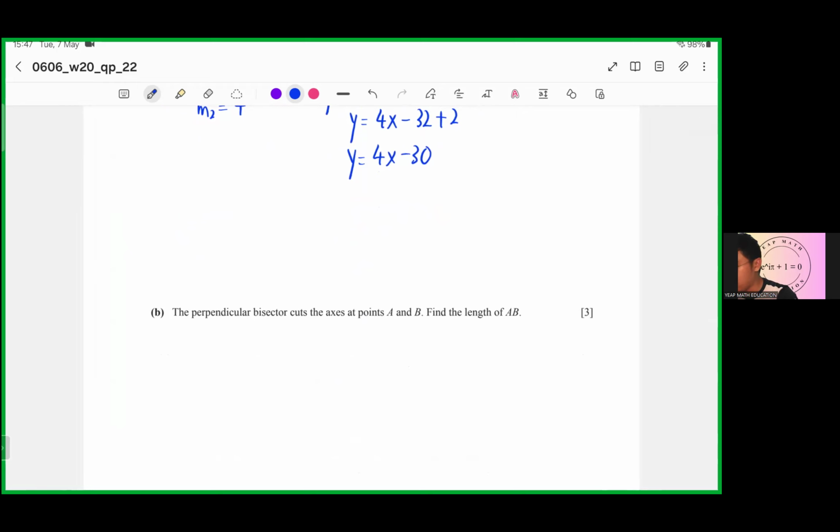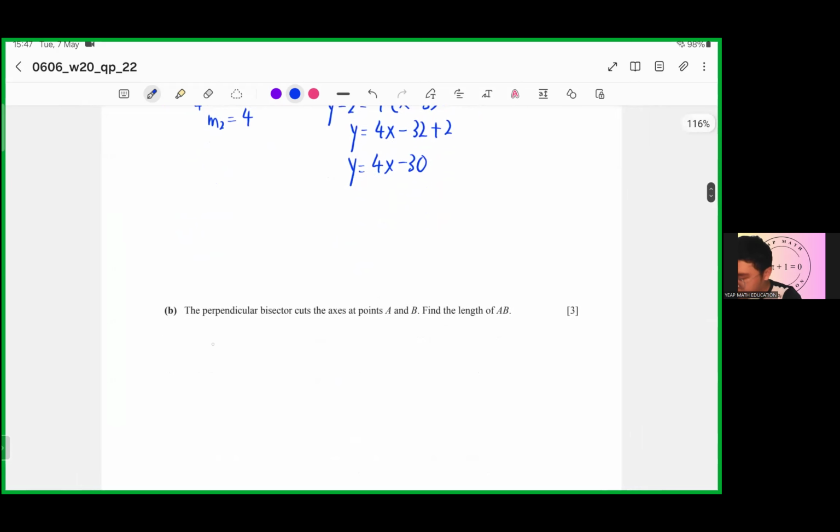The perpendicular bisector cuts the axes at the points A and B. Then find the length of AB. This is a straight line, y = 4x − 13. So here is 13/4.